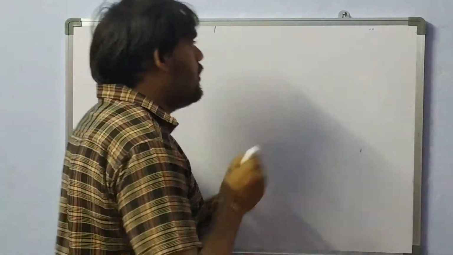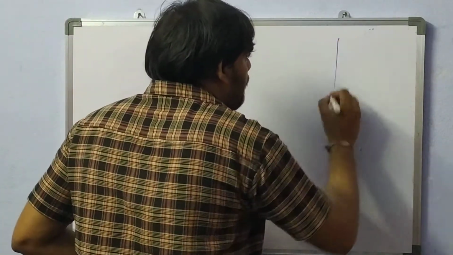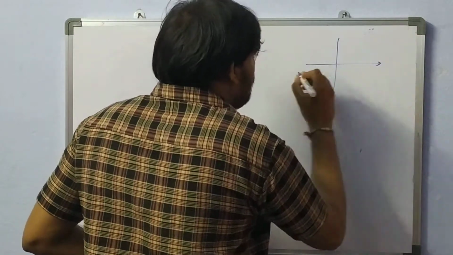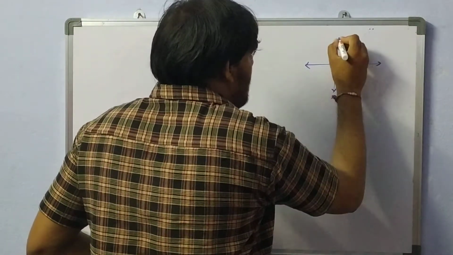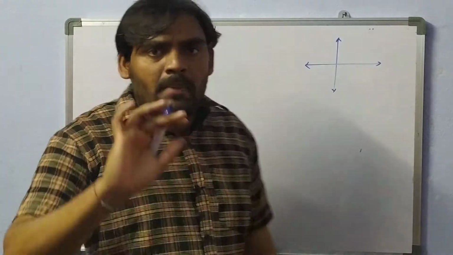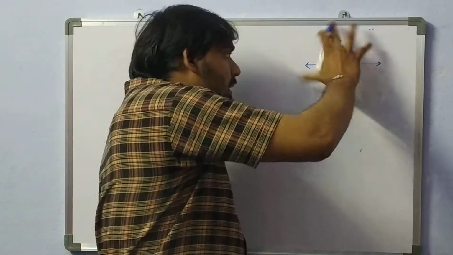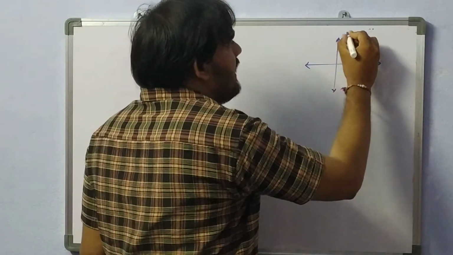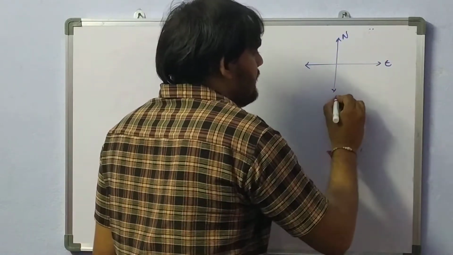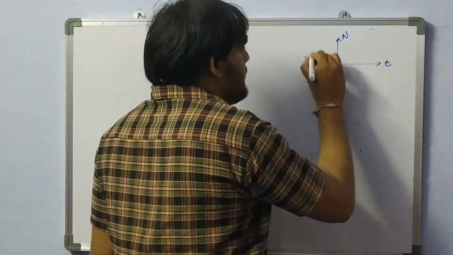See, first of all, if you are going to do that problem, we have to know directions also. If you observe any map, you will observe directions. This is north, this is east, this is south, this is west.